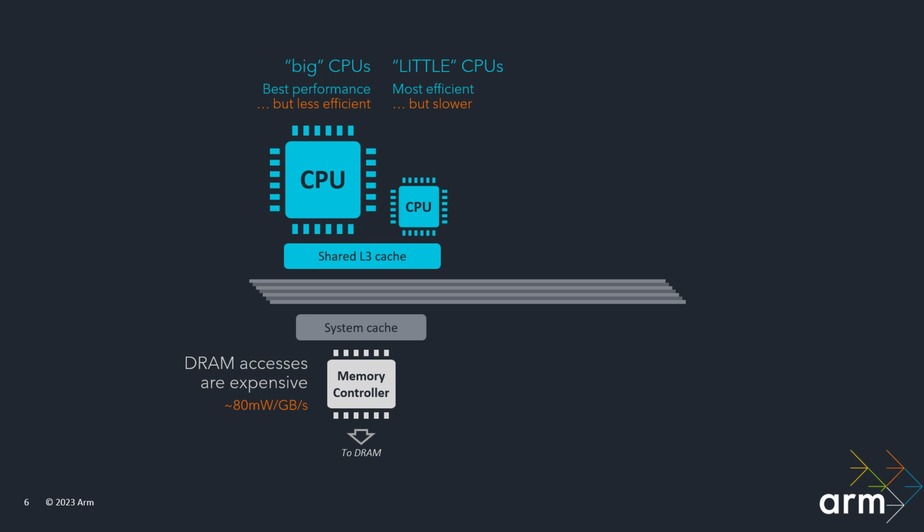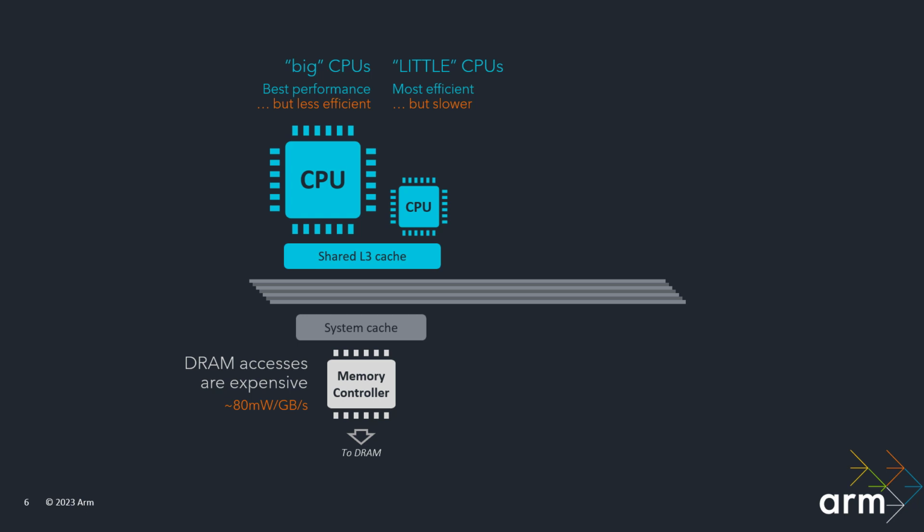The reason we try and do this is because DRAM access is one of the most expensive things that you can do. Generally, for the latest technology, LPDDR5 for mobile, it's around about 80 milliwatts per gigabyte per second for the DRAM, the PHY, the memory system and the memory controller.